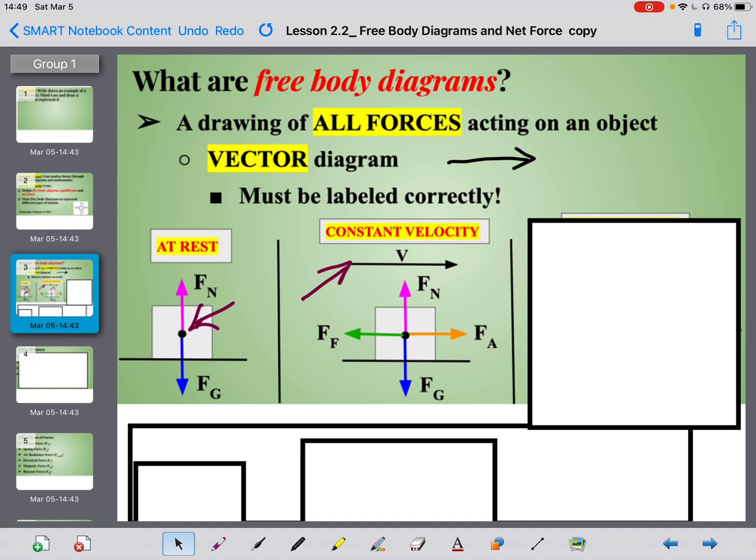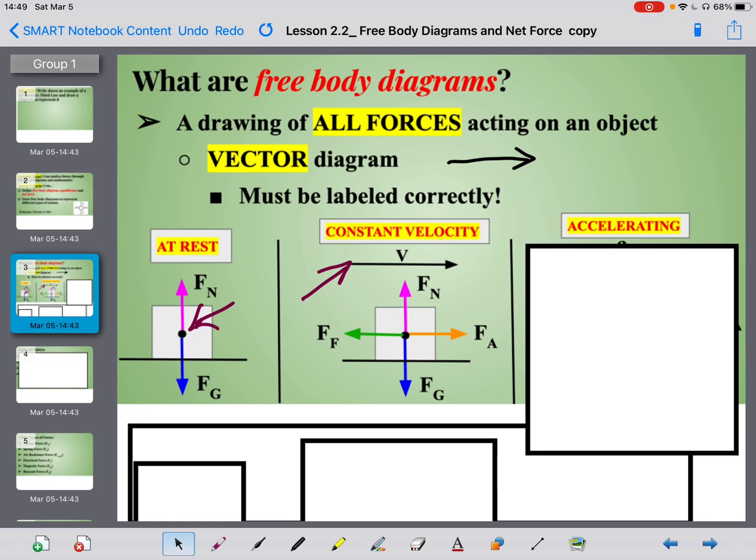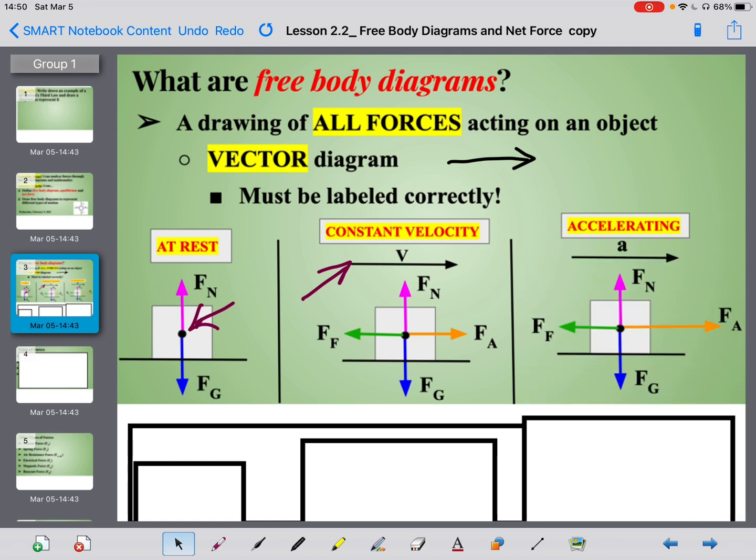The final type of motion that we spoke about in our class in kinematics was an object that was accelerating. So here you do see something a little different. Let's take a look at our vertical forces, the normal force and the gravity force. Just like all the other situations, they're the same magnitude and they're going in opposite directions, which means we can cancel those out.